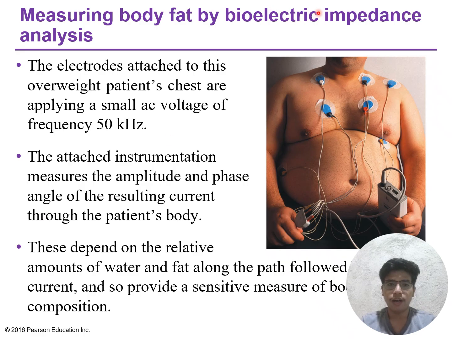Water, a major component of muscle tissue, is highly conductive, while fat tissue is poorly conductive and presents much higher impedance to current flow. Muscle tissue contains approximately 70% water, while fat tissue contains only 10% water. So tissues with higher water content, like muscle, produce lower impedance values, while fatty tissues produce a higher impedance.